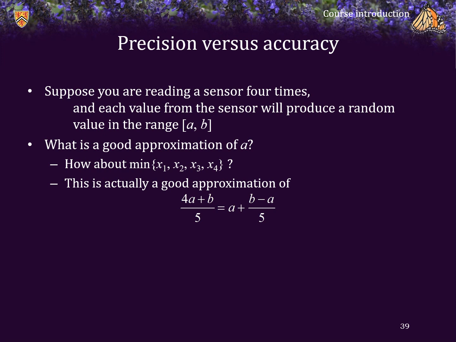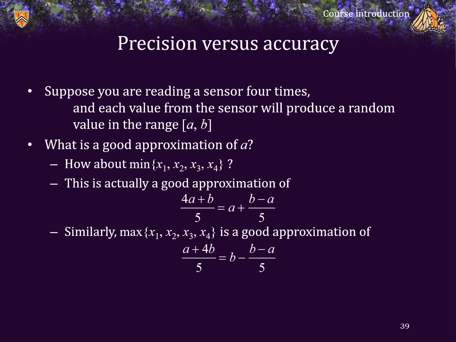Actually, you can show statistically that the minimum of these 4 is not a bad estimator of this ratio, 4A plus B over 5, which is just A plus a little bit. Similarly, the maximum of those 4 readings is a good approximation of B minus (B minus A) over 5.